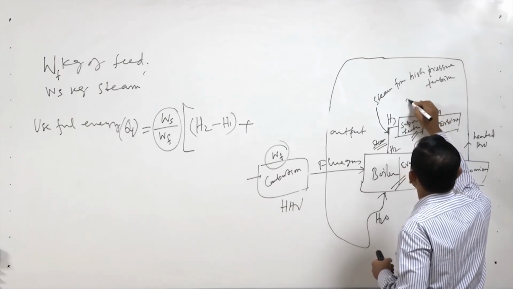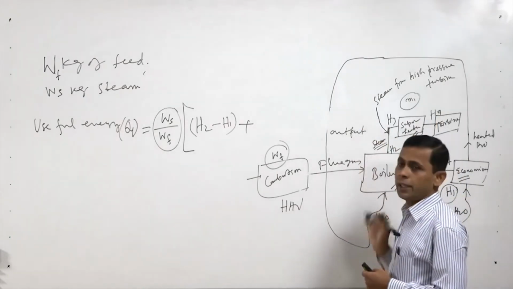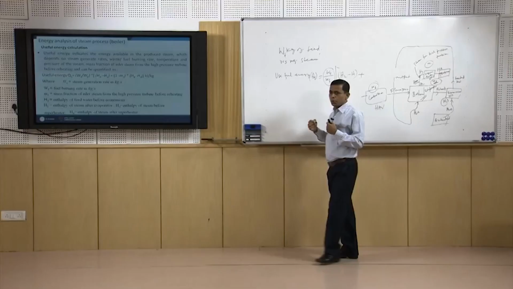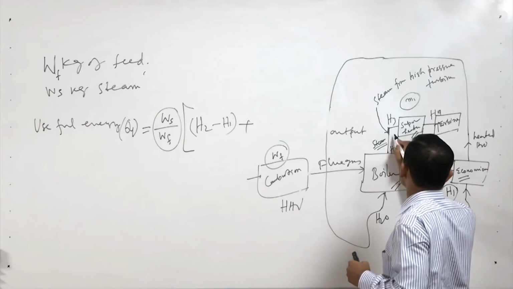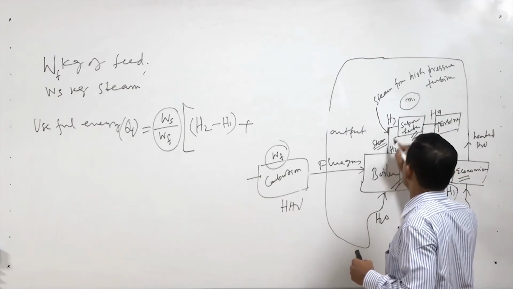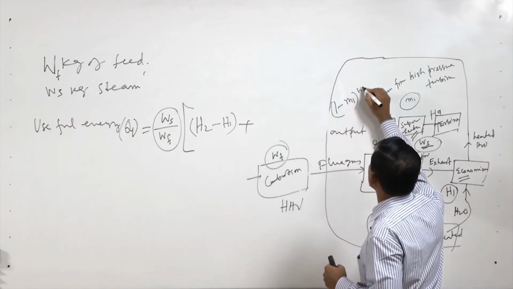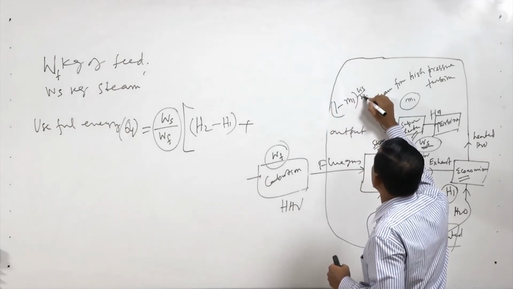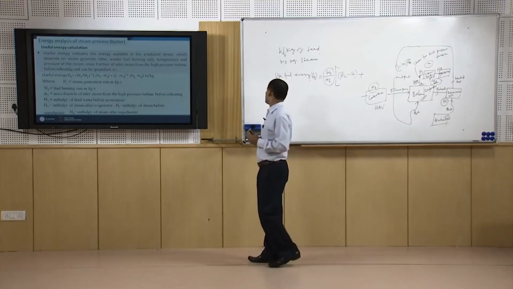So, we are assuming that M1 mass fraction of steam is added in this place. So, we do not need to raise the heating value of the steam from H3 to H4 for all the steam which is generated here. In that case, 1 minus M1 into Ws by Wf, that amount of heat content will be increased.